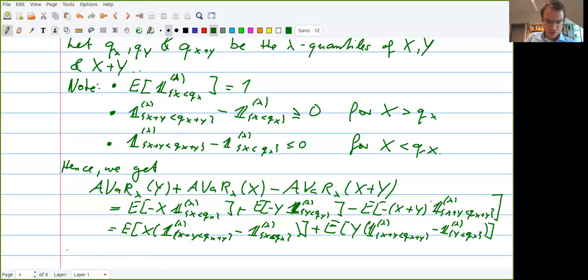And now I use the estimates we have seen here. Actually here we use this too. So we have here q, the quantile of x times. We can estimate this from below.